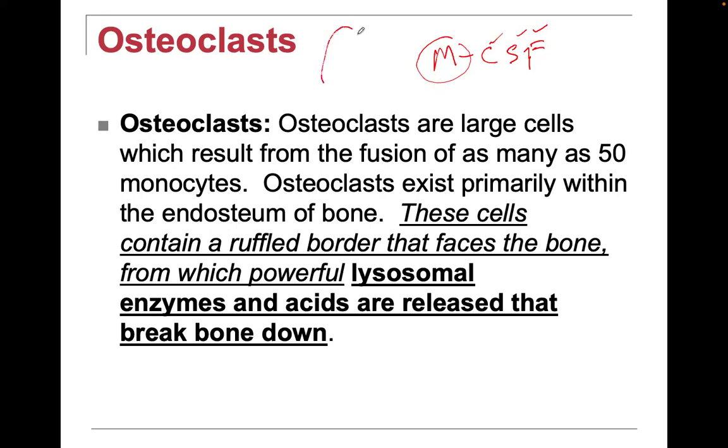And think of it like one of those old Pac-Men, the ghost from Pac-Man. They release those very strong, potent digestive lysosomal enzymes and acids that help to break down the bone.